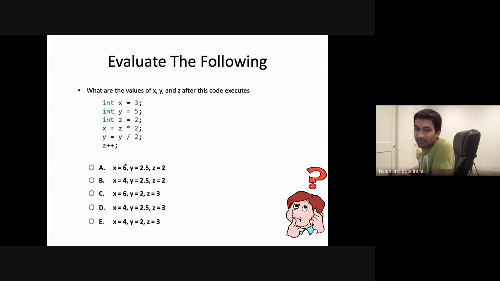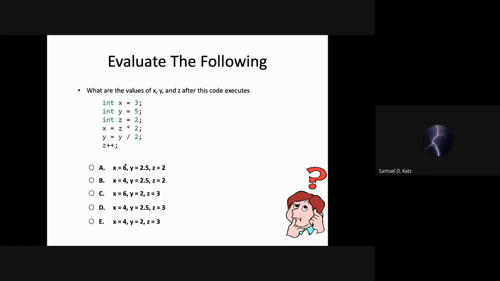So in the AP exam, you'll get something similar. So x equals 4. What about y and z? All right. So for y, y equals 2.5, and then z equals. Wait, where is that one? I think it's B. It's D.